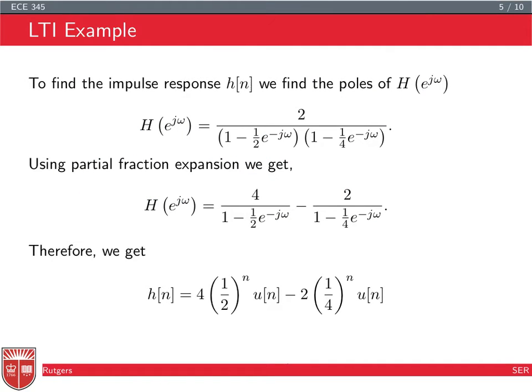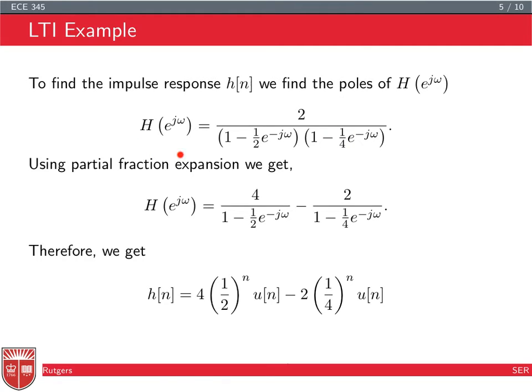So you find the poles of the denominator, and you can easily find them by solving a quadratic equation, and you can find that H(e^jω) has 2 poles, one equal to 1/2 and one equal to 1/4.